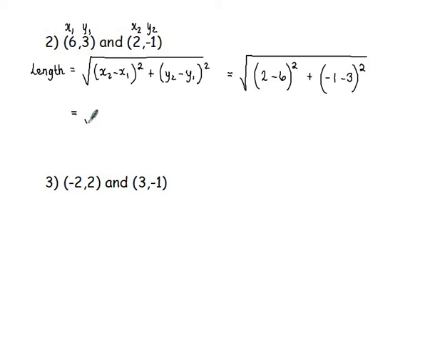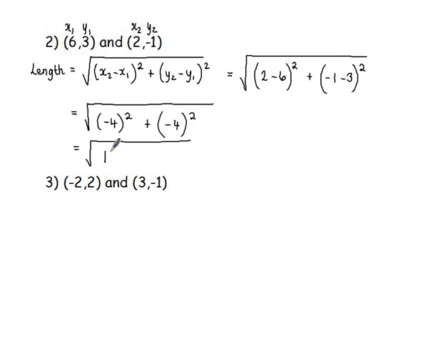If we break it down underneath that root, 2 minus 6 is minus 4 squared plus minus 1 minus 3 is minus 4 all squared, which gives us root 16 plus 16, which gives us root 32.